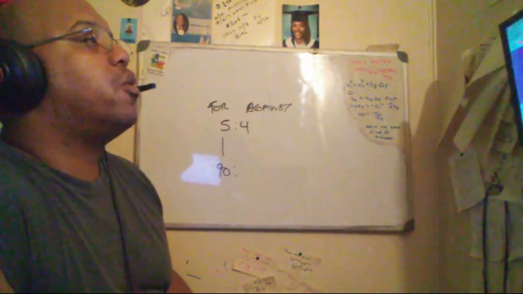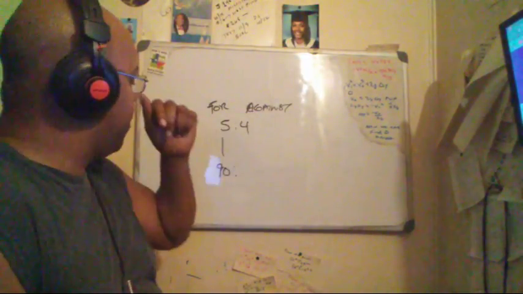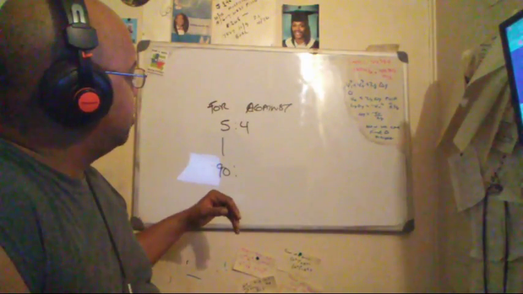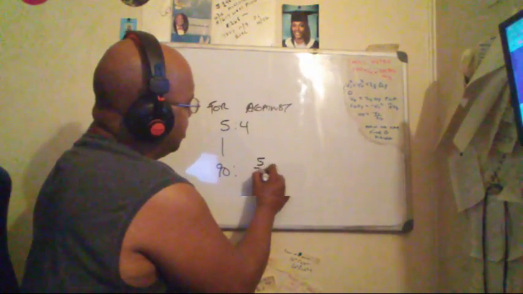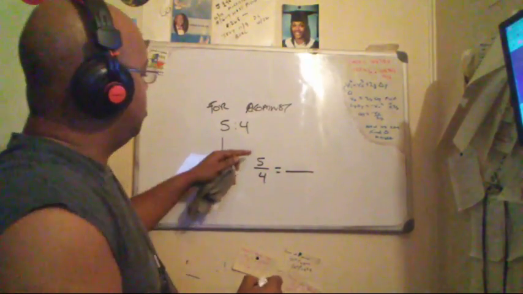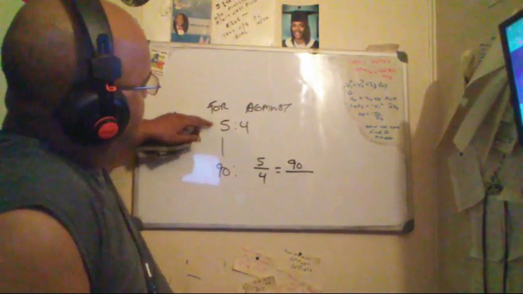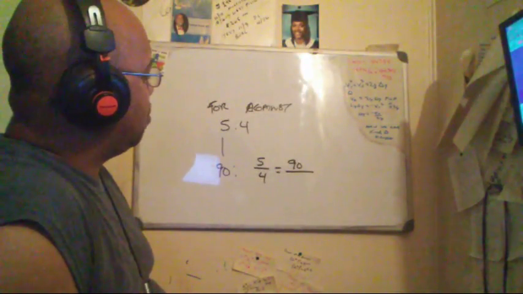If 90 people voted for the resolution, that means for every 5 people, 4 would vote against. So we have to look at the relationship of the numbers. You could do this with cross multiplication and division, 5 over 4. But whatever you do, you have to keep the numbers lined up, because 90 is going to represent the 5 part of the ratio. So what part represents 4?